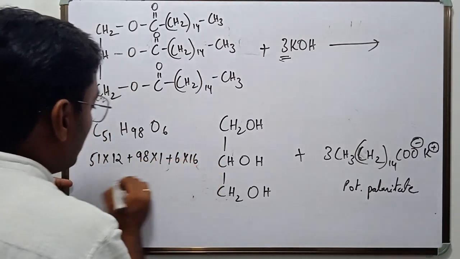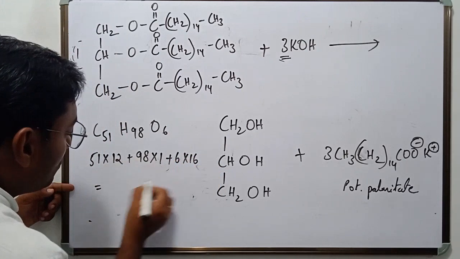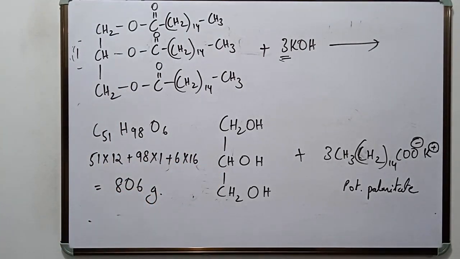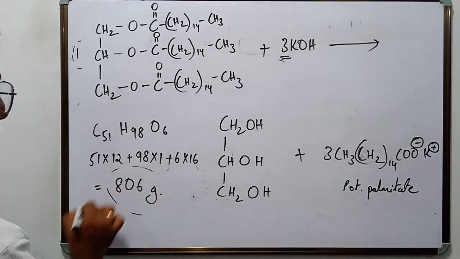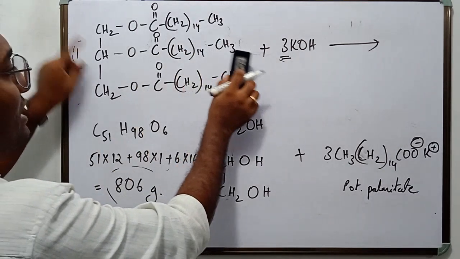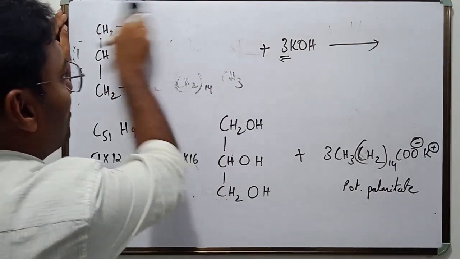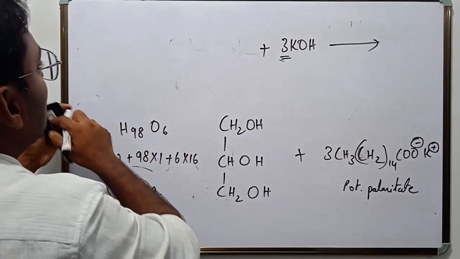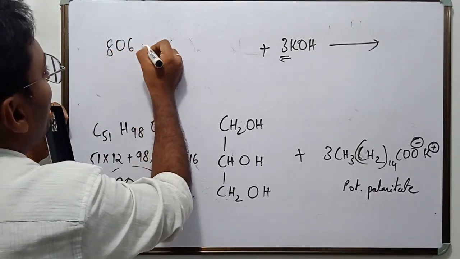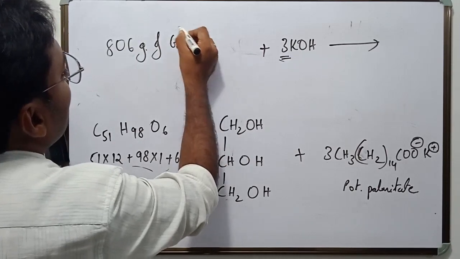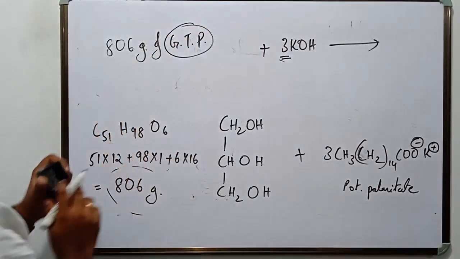How much do you get? The answer to this is 806 gram. So you have used 806 gram of glyceryl tripalmitate.